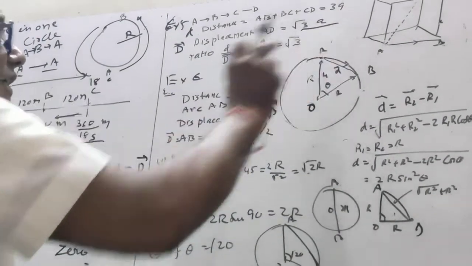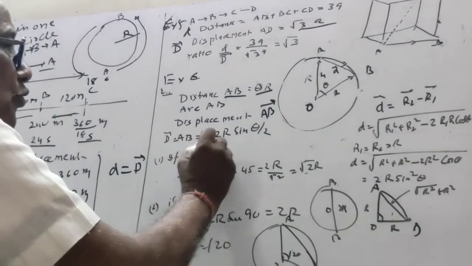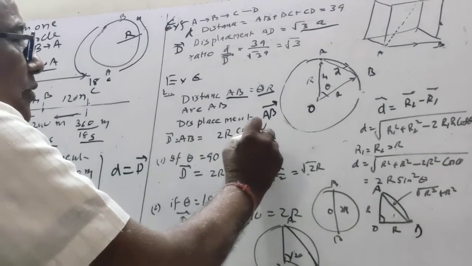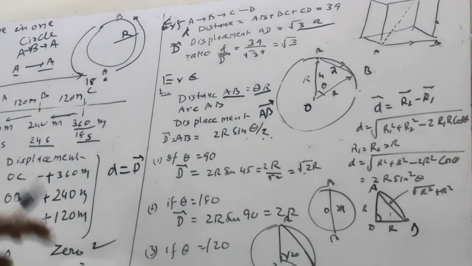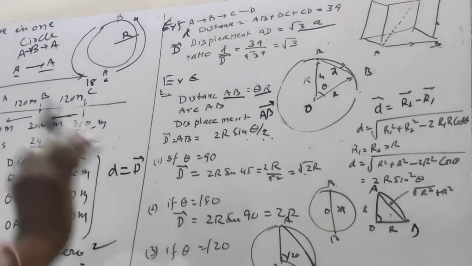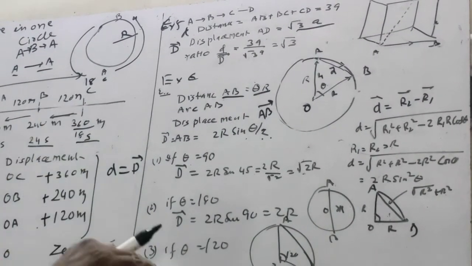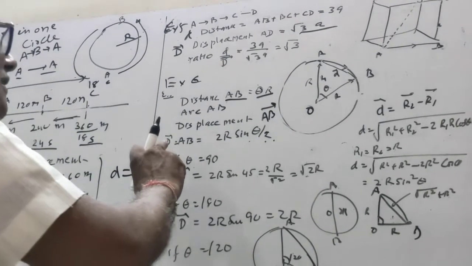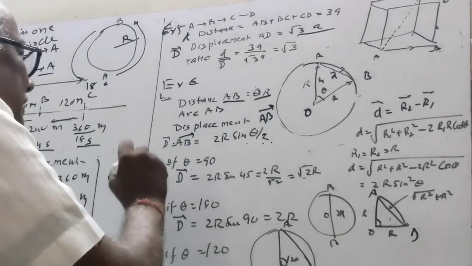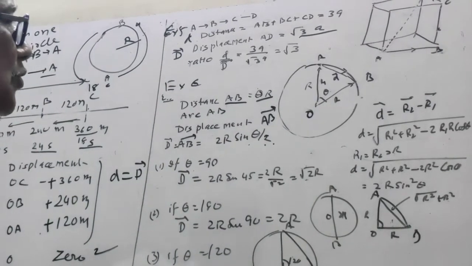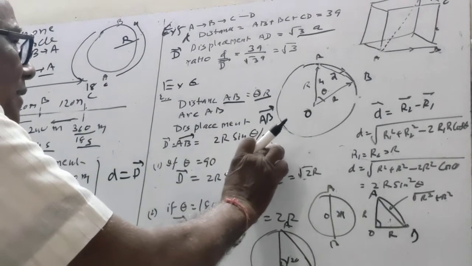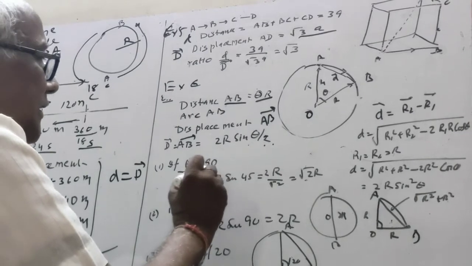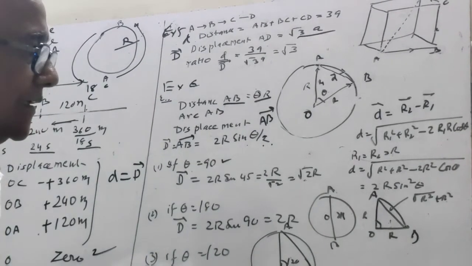Then this AB will be equal to 2r sin theta by 2. That we will explain when we study vectors. At present, we just remember that AB, which is your D, will be equal to twice r sin theta by 2.